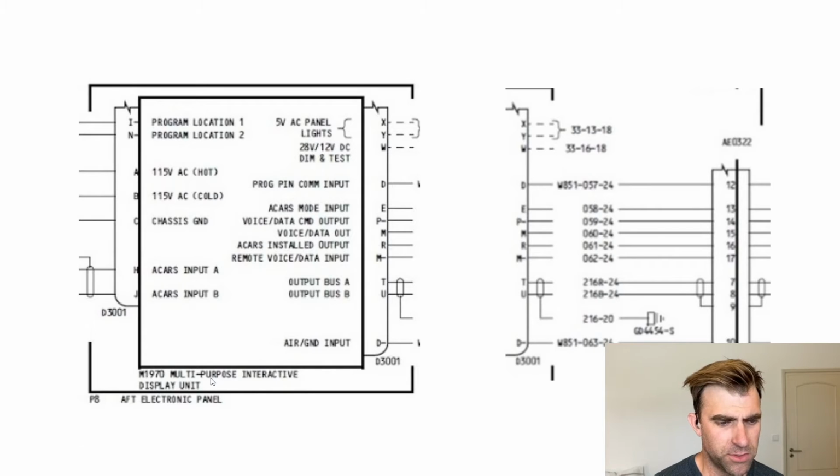So just a description of what the unit is, and then on the far left here, this is likely a designator for the component itself. So on the location, you might see a label for it, M1970.